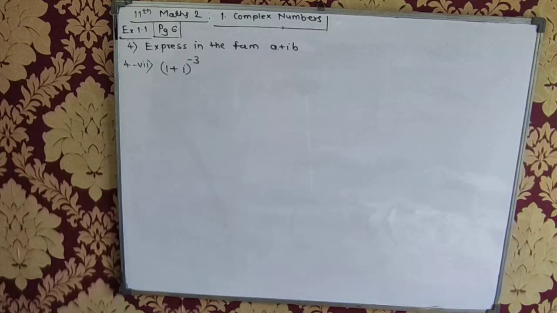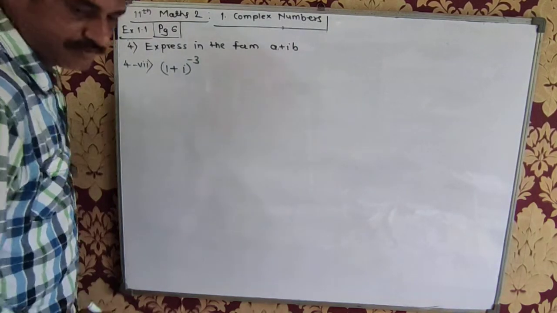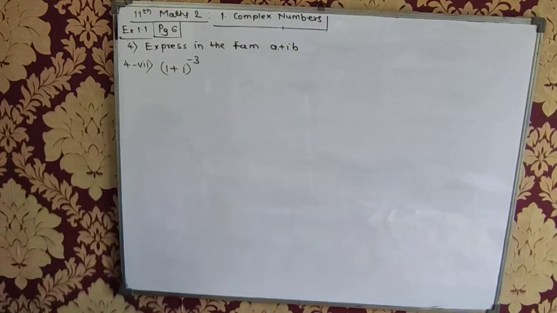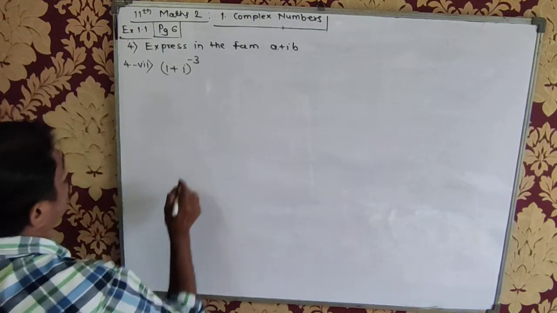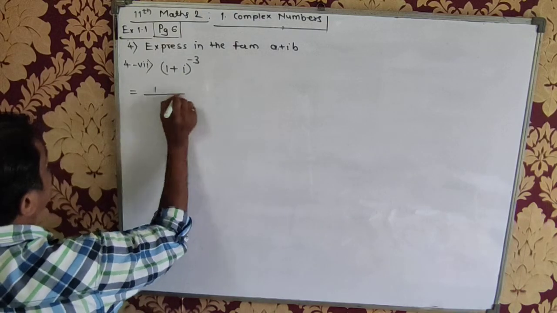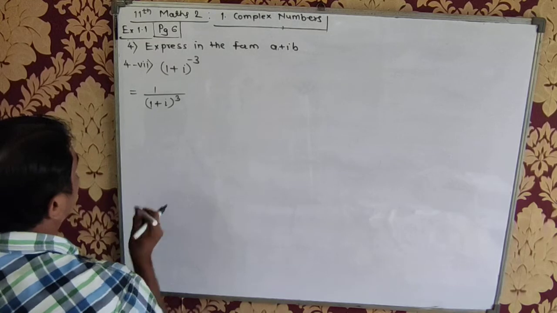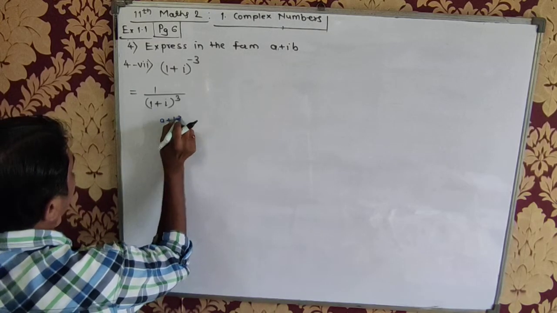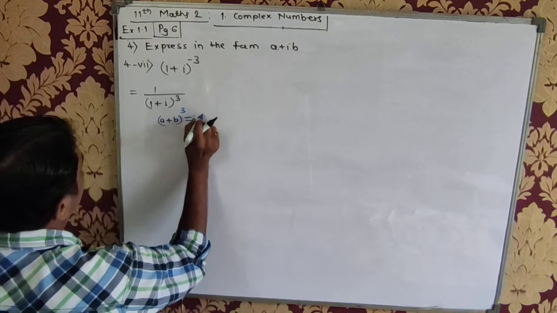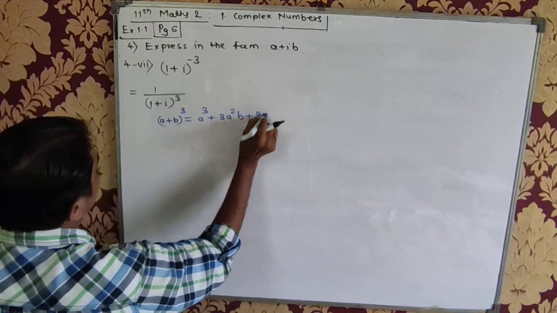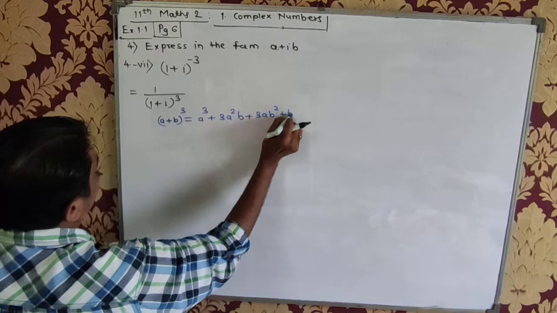Question number 4, subpart 7. 1 plus i raised to minus 3. What do you suggest? We'll make use of laws of indices and I'll send it in the denominator. So this is 1 upon 1 plus i cube. Well, I know here the formula for a plus b bracket cube. What is the formula? a cube plus 3a square b plus 3ab square plus b cube.